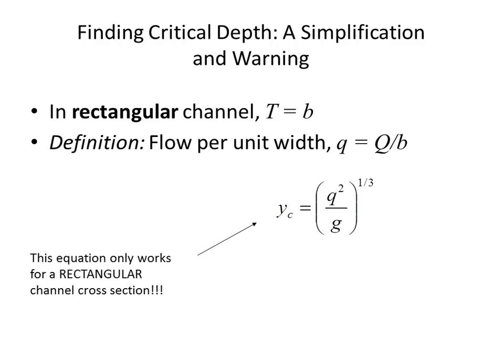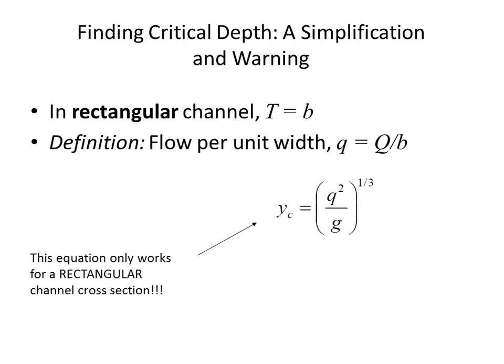Once we know that, we can find the critical depth. Yc is just going to be q squared divided by g, to the 1/3 power. So 2.5 meters squared per second, squared, divided by g, 9.81 meters per second squared, to the 1/3 power.